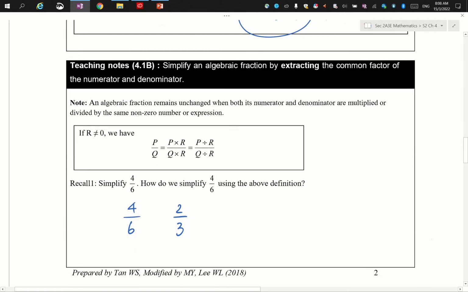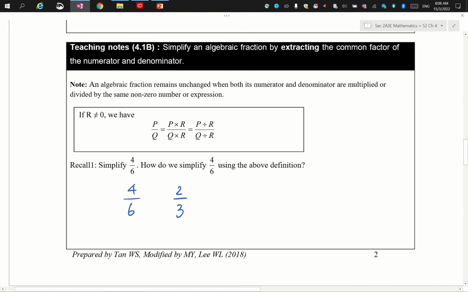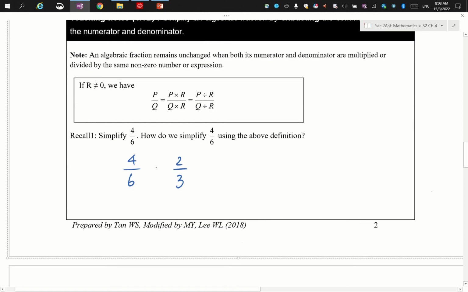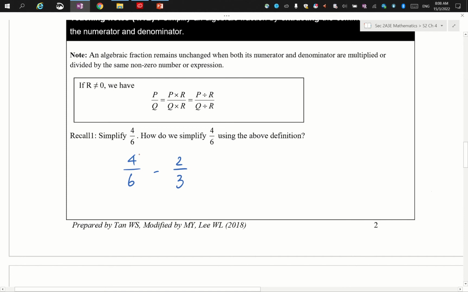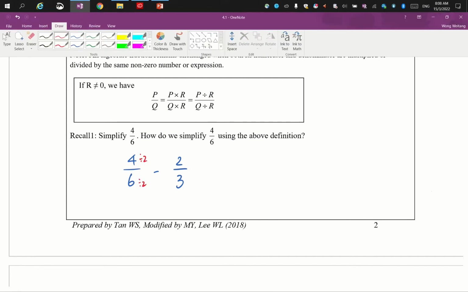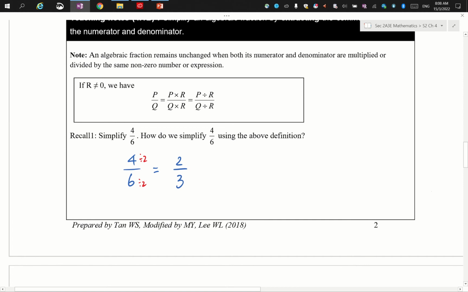Then some of our basics that we have learned in primary school. Now we know that 4 over 6 is equal to 2 over 3, and what does the working look like? All we needed to do was to divide both numerator and denominator by 2, so that we result in 2 over 3. And we say that 4 over 6 and 2 over 3 are equal to each other, they are equivalent.